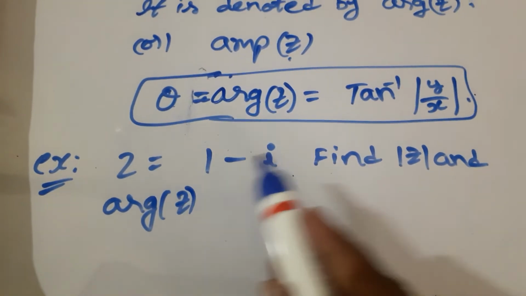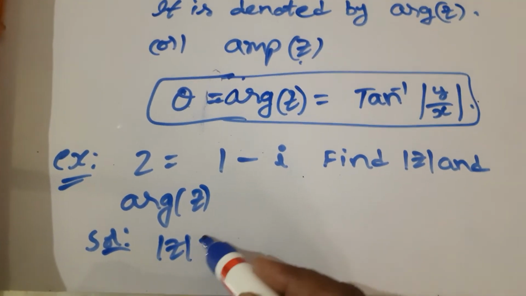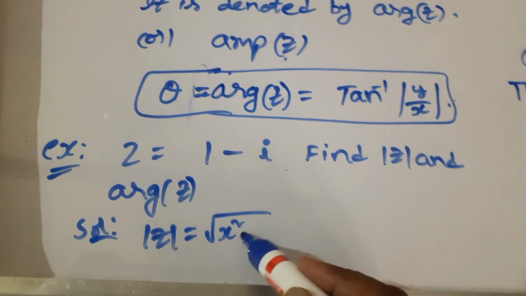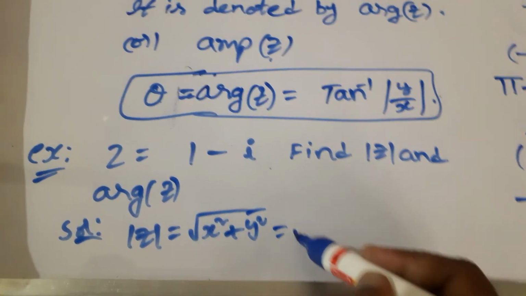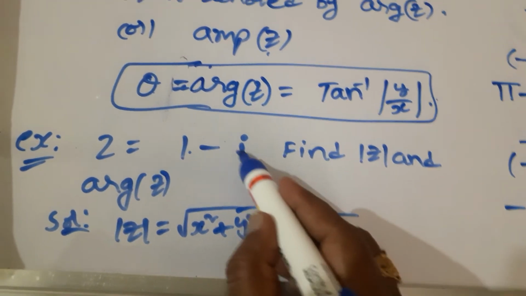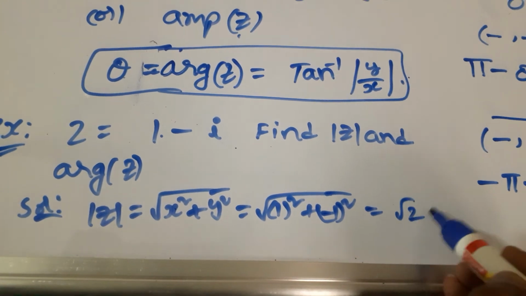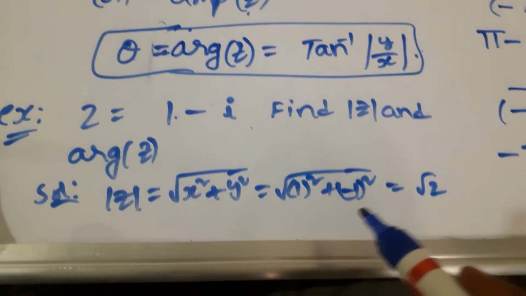How to calculate mod z and arg z? Let us see the solution. Mod z equal to root over x square plus y square, that is root over 1 square plus minus 1 square, since the i coefficient is minus 1. This is 1 plus 1, root of 2. So we are getting root 2.